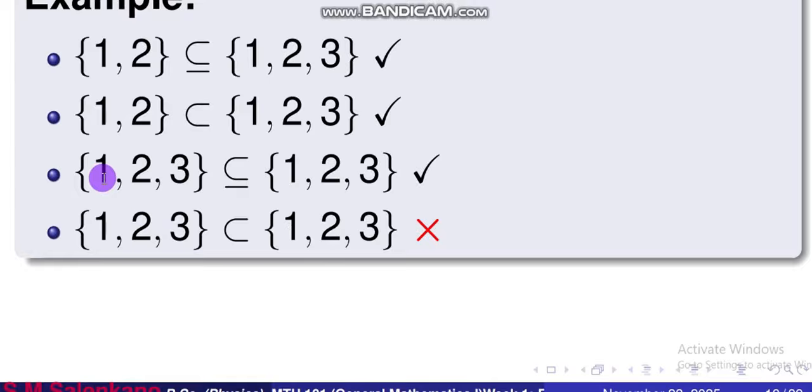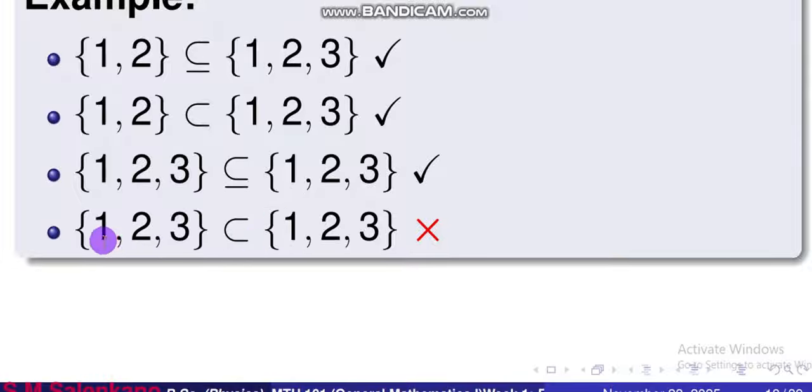Thirdly, look at the two sets here. These sets are equal. All the elements that are found here are also found here. This condition is enough for me to write this symbol and say this is a subset of this, but I will not write this one.